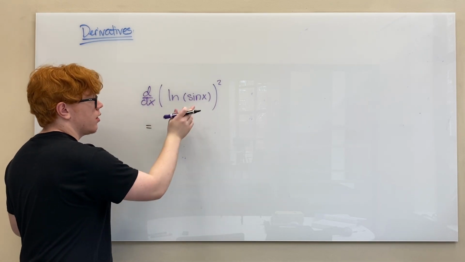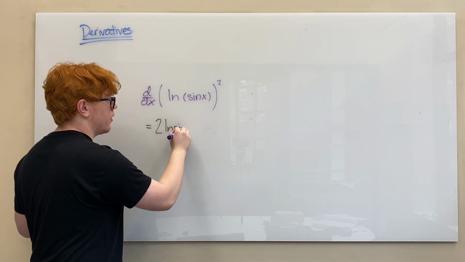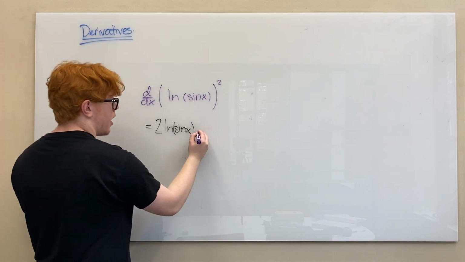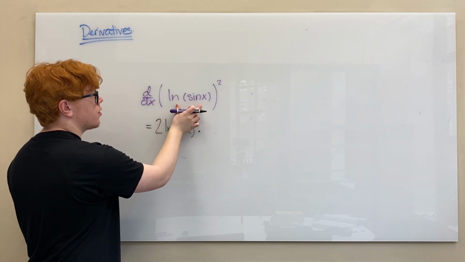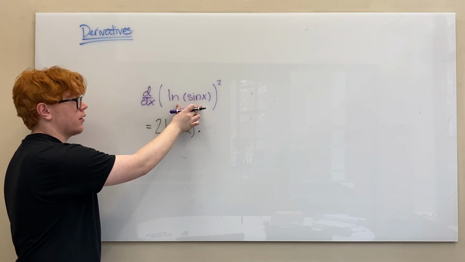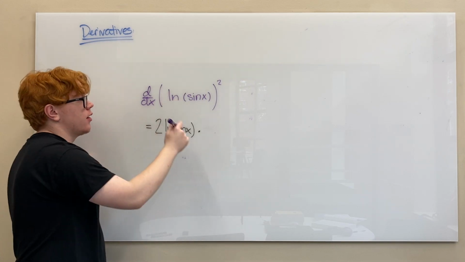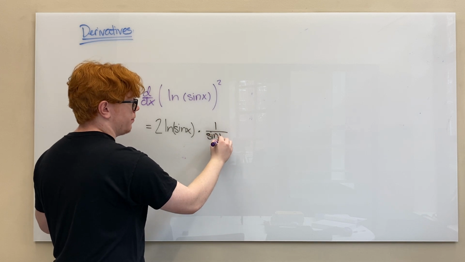So there's going to be 2 times natural log sine of x times, all right, let's move to the next, so we have natural log of sine of x. So the derivative of natural log is 1 over x, so we're going to have 1 over sine x.